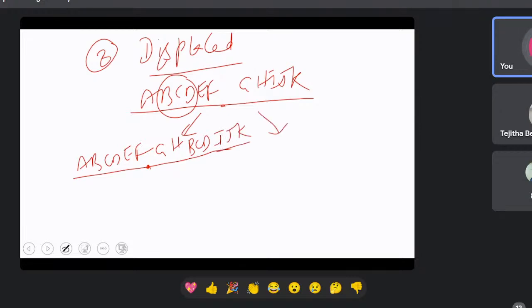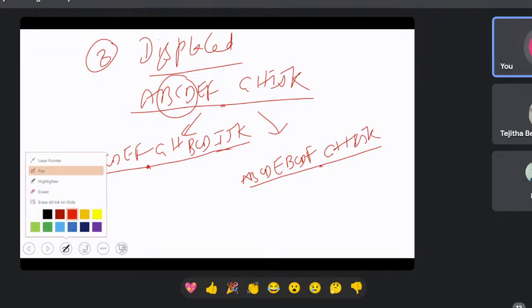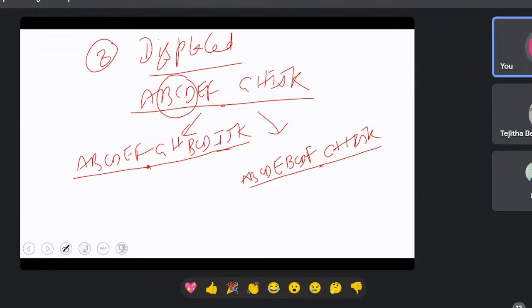It can also be present like this: A, B, C, D, E, B, C, D, F, G, H, I, J, K. In the first case, the duplicated segment is present on the other side of the centromere.